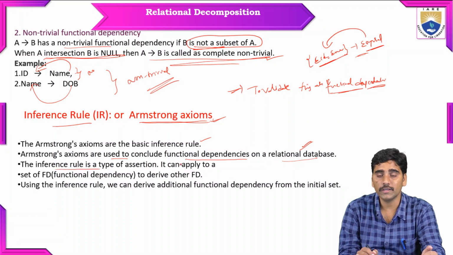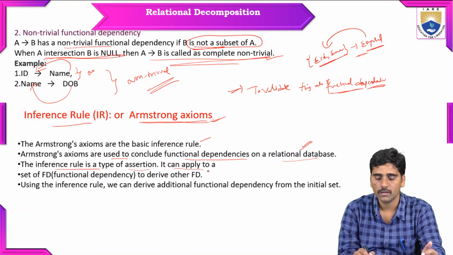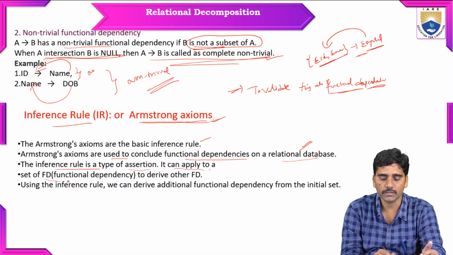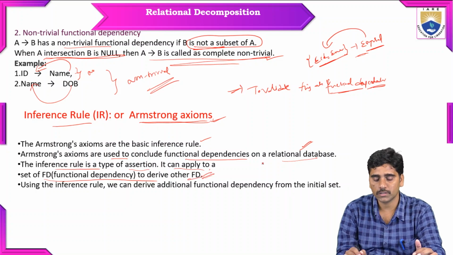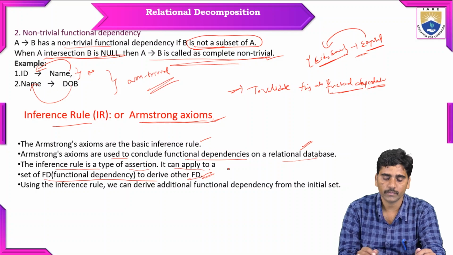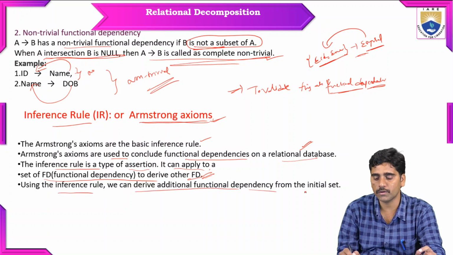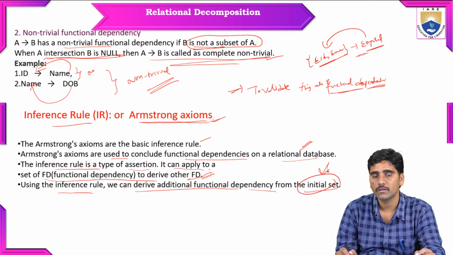The inference rule is a type of assertion you can apply to a set of functional dependencies to derive other functional dependencies. Using these rules, we can derive additional functional dependencies from the initial set also.